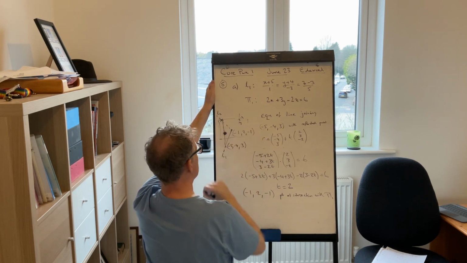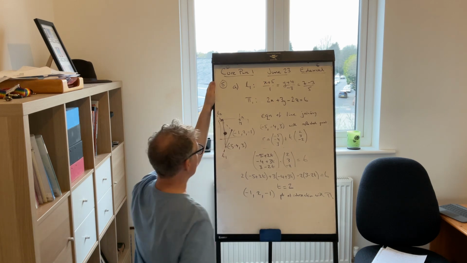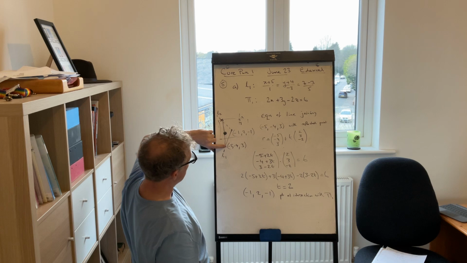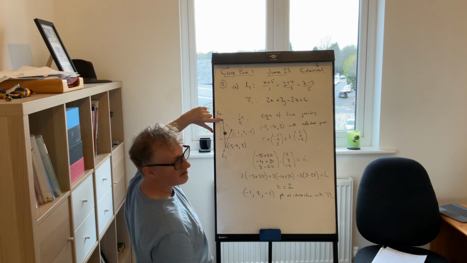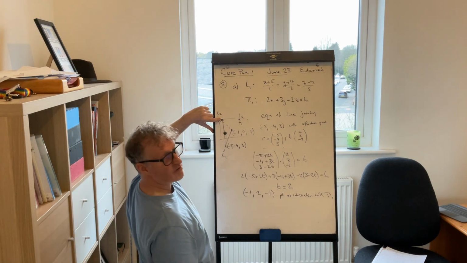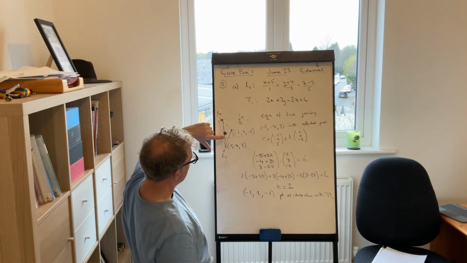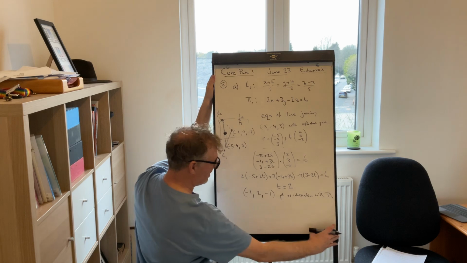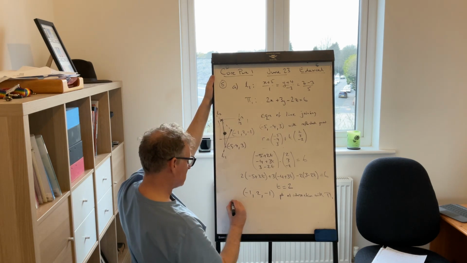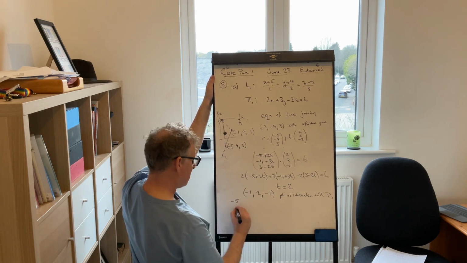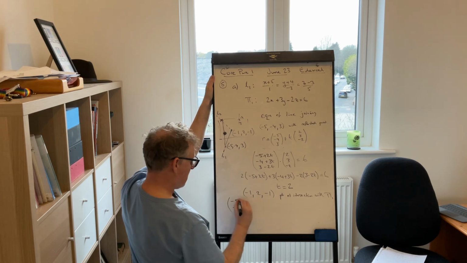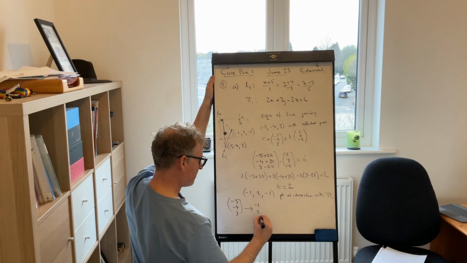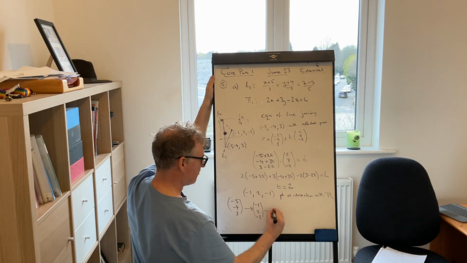If I want to find that mirror point, all I've got to do is ask how I get from there to there, do it again, and I get up to the mirror point. So from there to there, and then repeat it, I get up to there. I know this isn't probably good form, but I've got (-5, -4, 3), and I go to (-1, 2, -1), and then I repeat that.